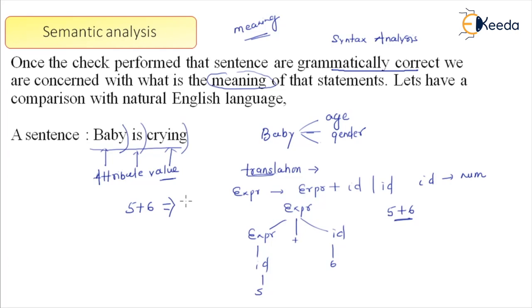For 5 plus 6, I know this is the addition operation, 5 is a numeric value, 6 is a numeric value, and I have to perform the addition. So 5 and 6 are numeric values, and plus means arithmetic addition.